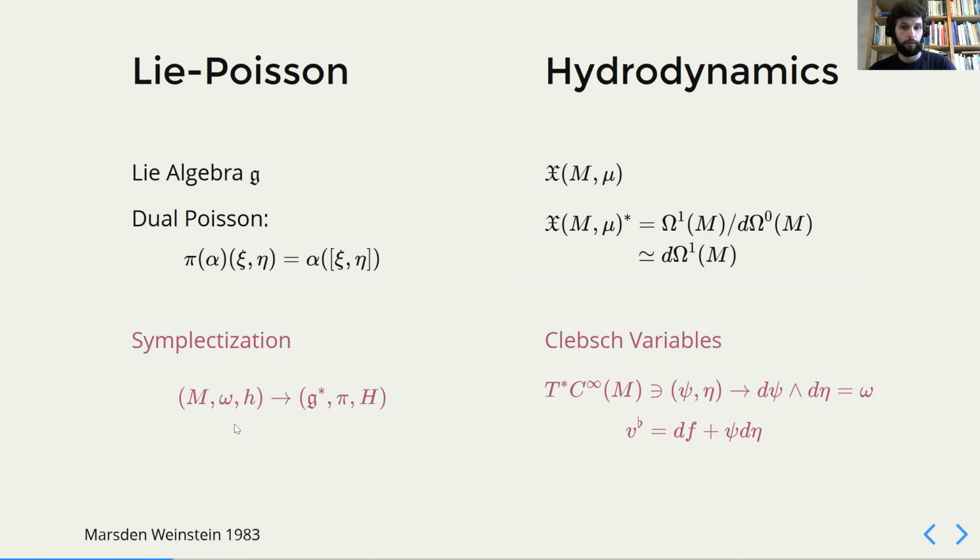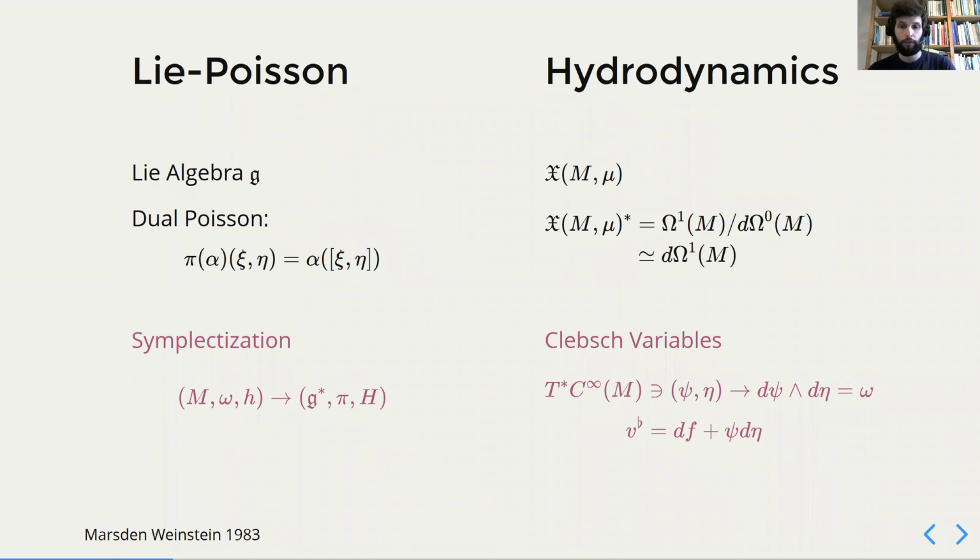And if you then have a Poisson map to the dual of the Lie algebra with this Lie Poisson structure and the given Hamiltonian, then you can easily prove that solutions on this symplectic manifold project down to solutions of the Lie Poisson equations. So one way to solve the Lie Poisson equation would be to rephrase them in terms of this symplectic manifold and solve the equations there, which sometimes is easier. And then you can project them down to get solutions of the Lie Poisson system.